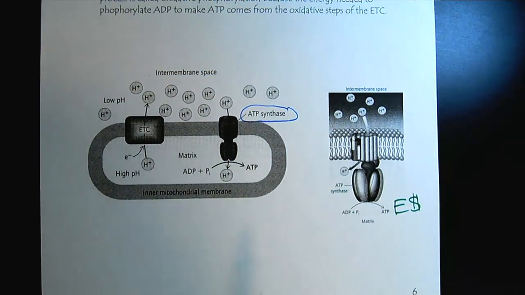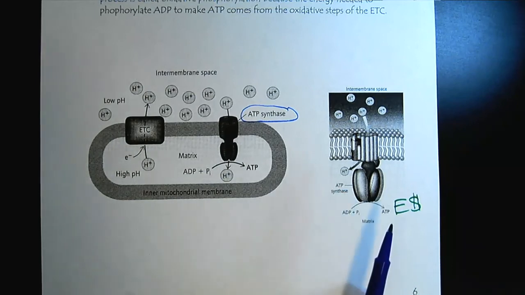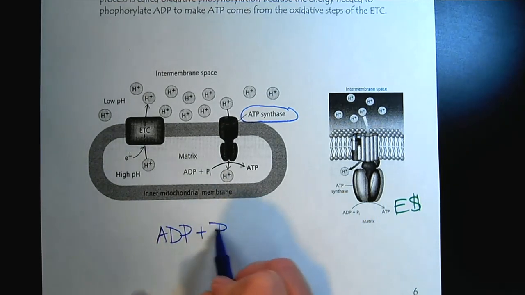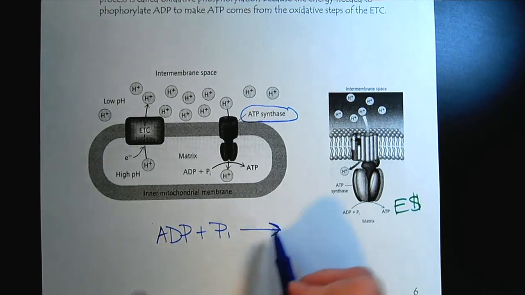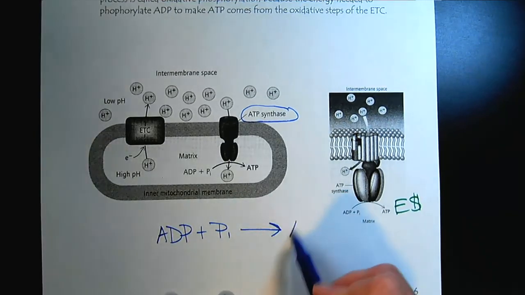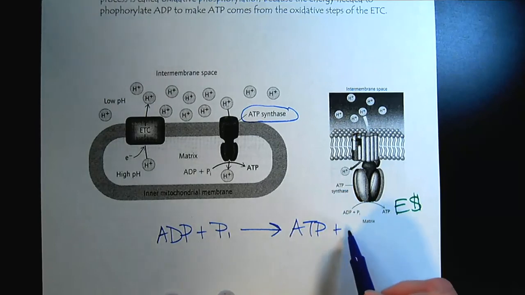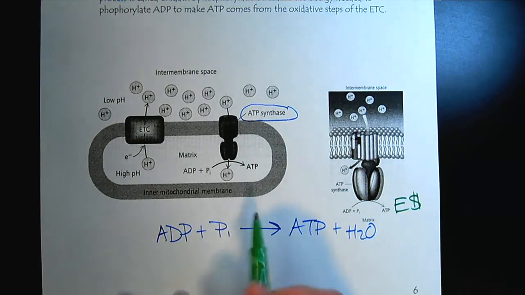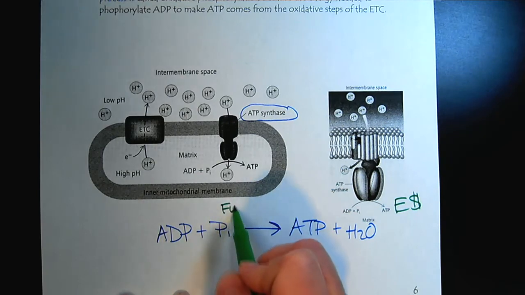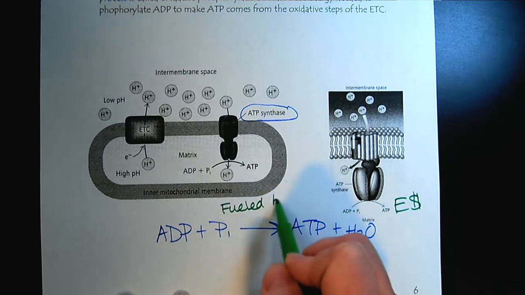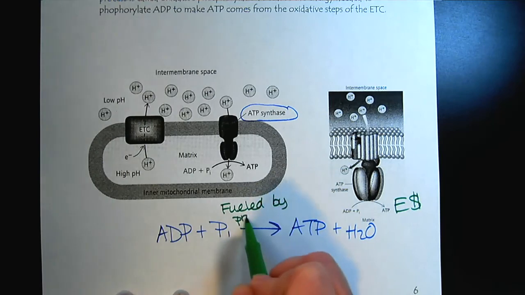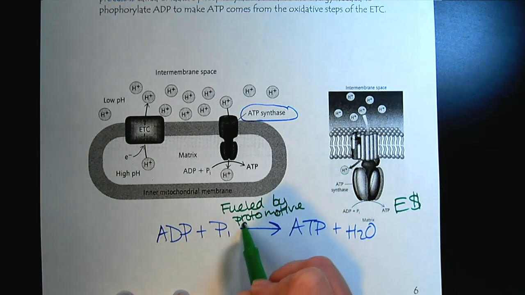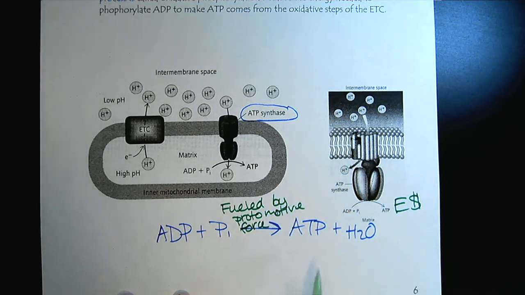So the net result is we have ADP plus Pi, and then we get ATP plus water, and this is fueled by the protomotive force, the potential energy of the gradient.